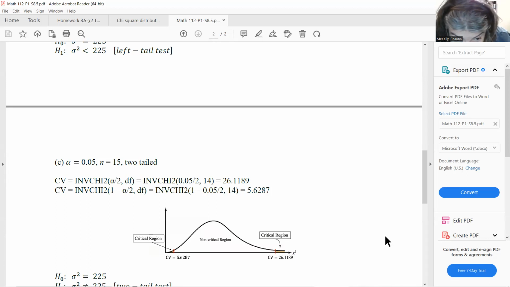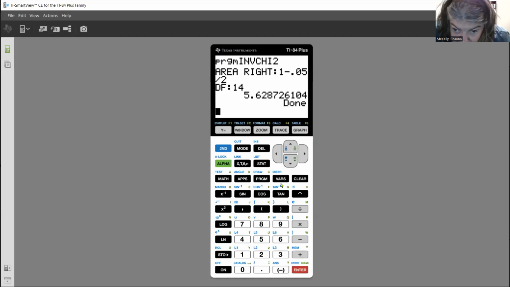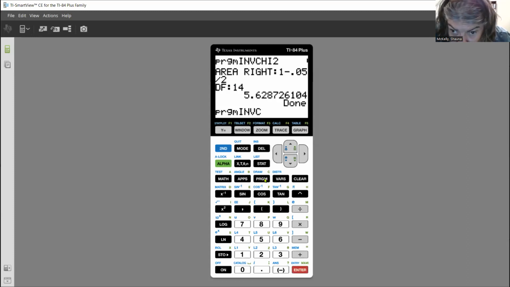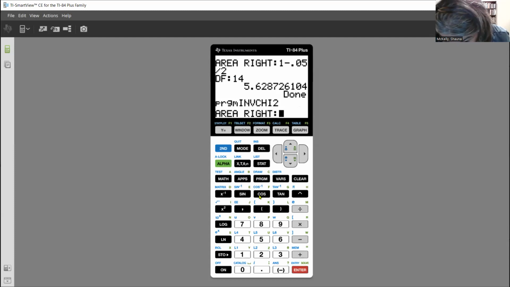Here I actually got this bottom one first on the left, 5.6287. The one on the right, you're going to do in a similar way. You're just going to enter 0.05 over 2 with 14. We get program inverse chi.